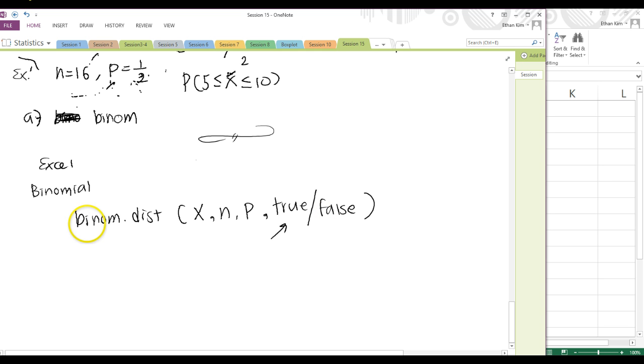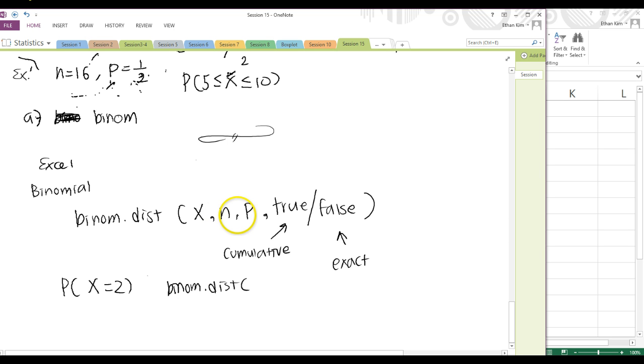If you put in true, this is going to give you the cumulative. And false is the exact value. So for example, if you're looking for probability of x is 2, then you're just going to put in binom.dist, put in 2 and p and false, then this is what you will get.